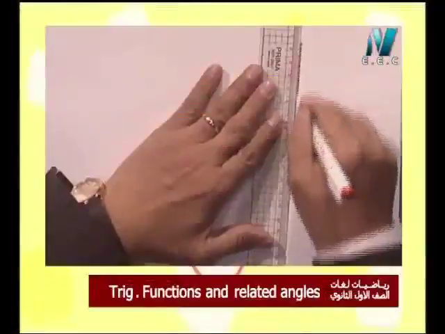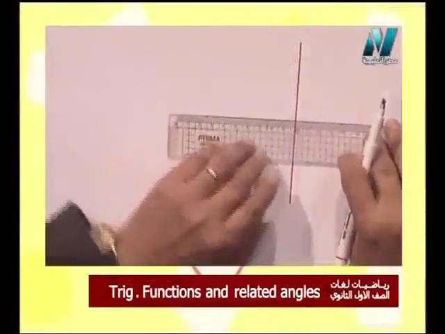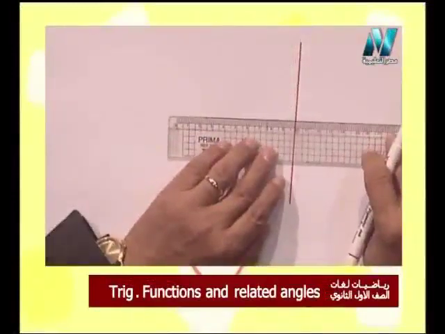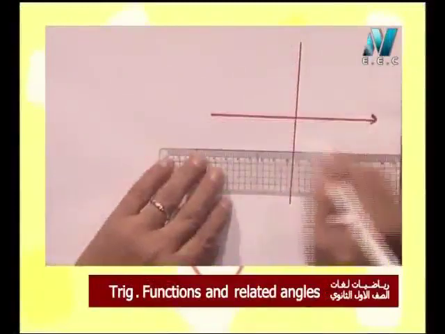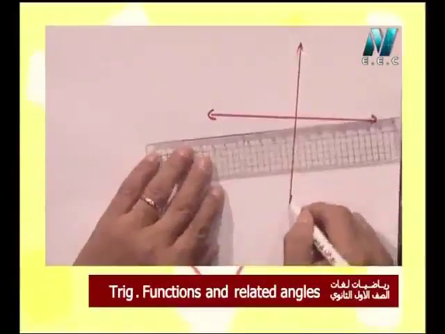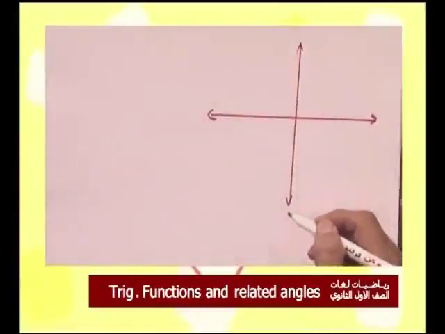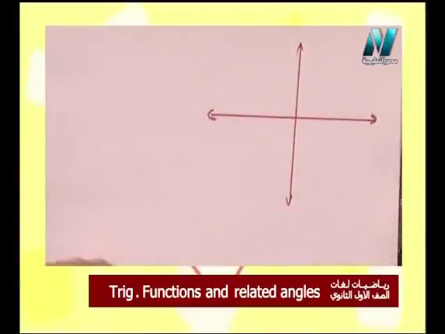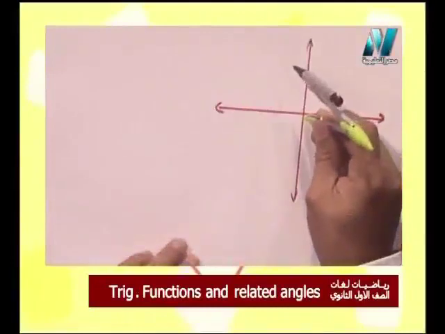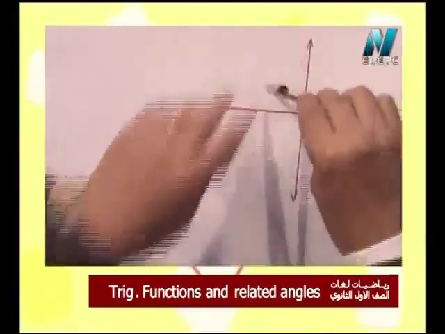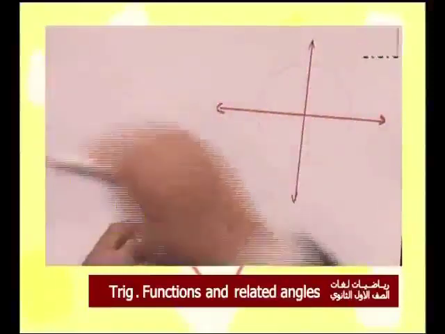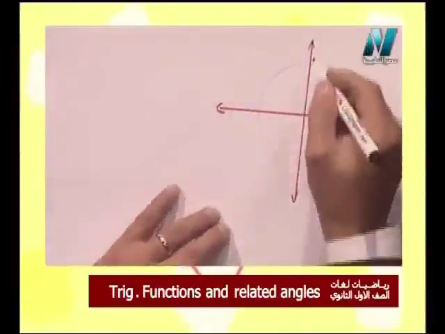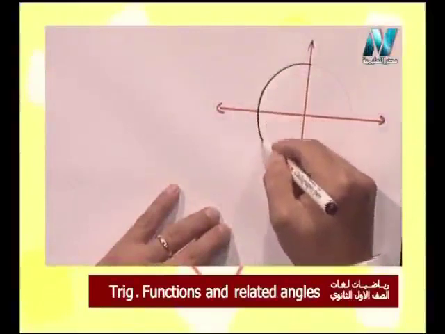This is the y-axis, this is the x-axis, and we try to draw a fine circle using a compass. And to be clear, I can draw it again using this pen.